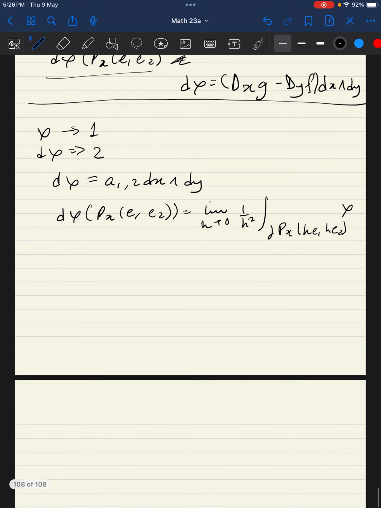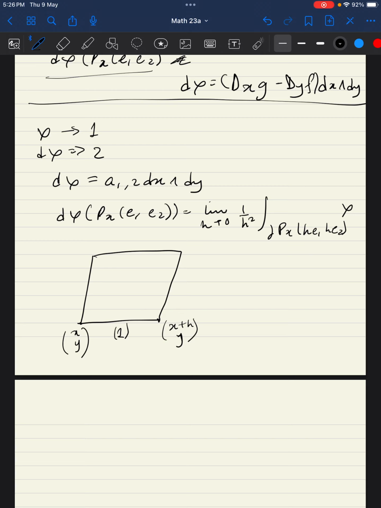I'm going to draw a handy diagram of the parallelogram and show you what I mean. So this is x, y, the point that we are anchored at. Then along the first segment, it's only the x values which are changing by some h, where we later use limits to show that h tends to 0.